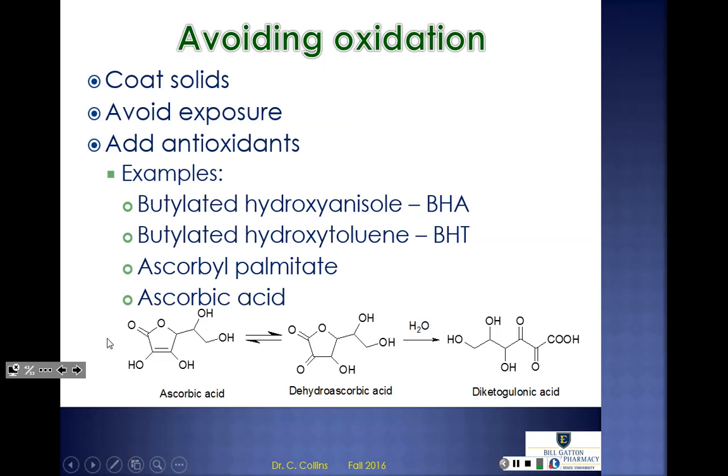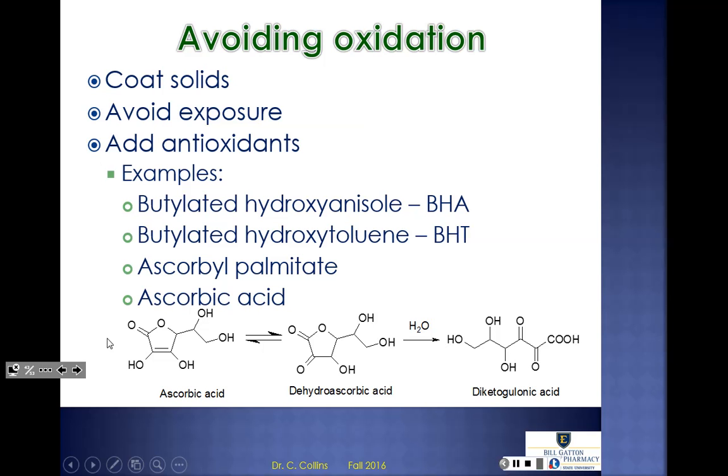Avoiding oxidation, much like water, you avoid oxygen. Typically we don't directly include oxygen in most drug delivery systems, but oxygen is around. So we can coat a solid to block out the oxygen. Interesting thing is putting it into a container to block out the oxygen doesn't work as well as you might think.